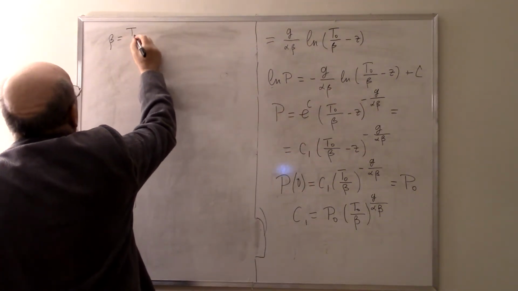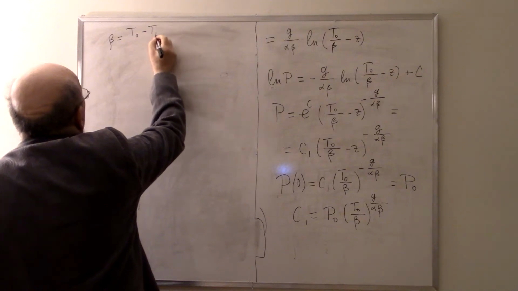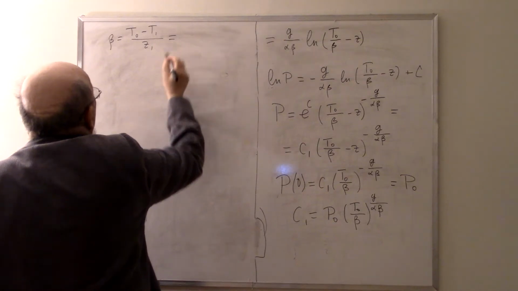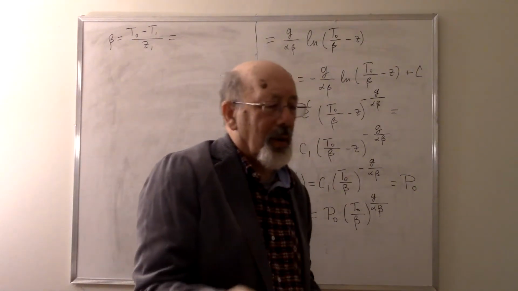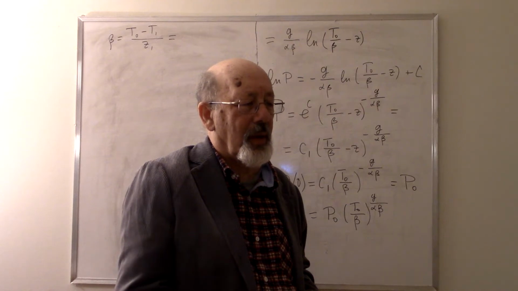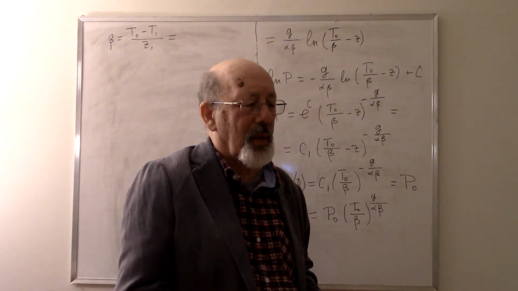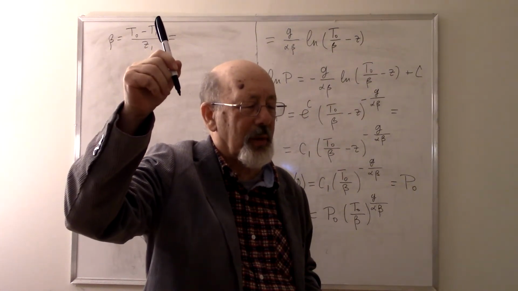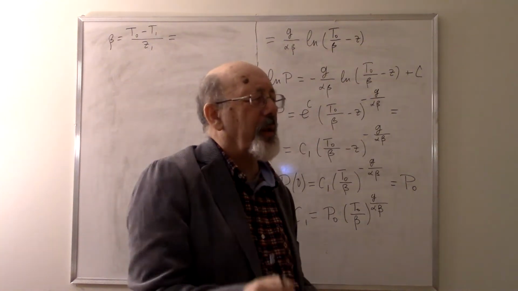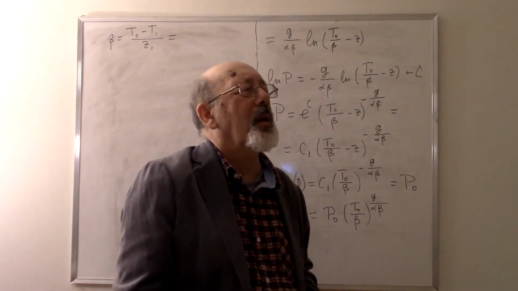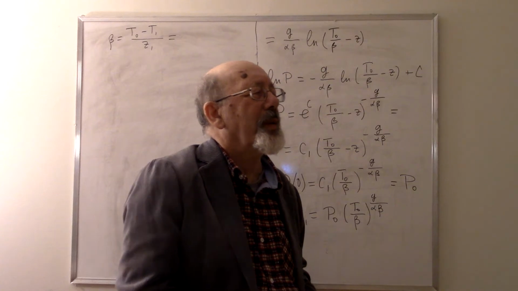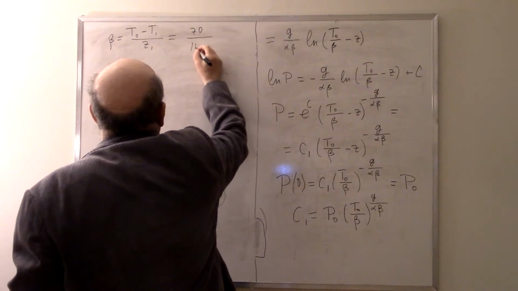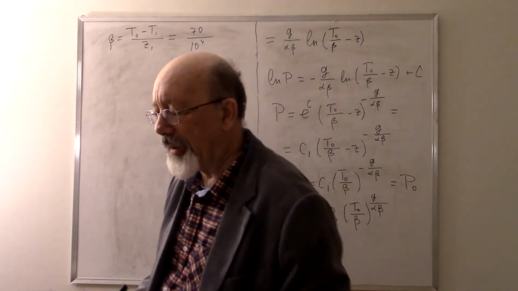It is T0 minus T1 divided by Z1. Here it is 293, and at Z1 it is 223, so the difference is 70 degrees, and so it is 70 divided by 10 to the 4. It is beta.